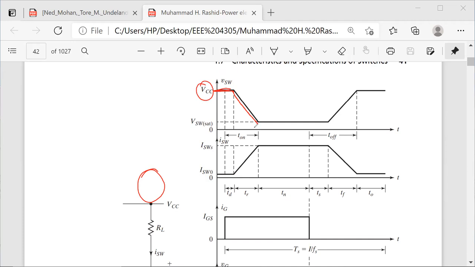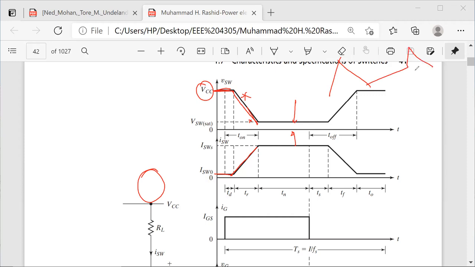In the Ned Mohan book it has gone to 0 volt, but here they have shown a very little voltage. Also the current should be 0 when the device is off, but it is not exactly 0 anyway. So the current will build up, and if we multiply this one and this one, we already got a figure like this.